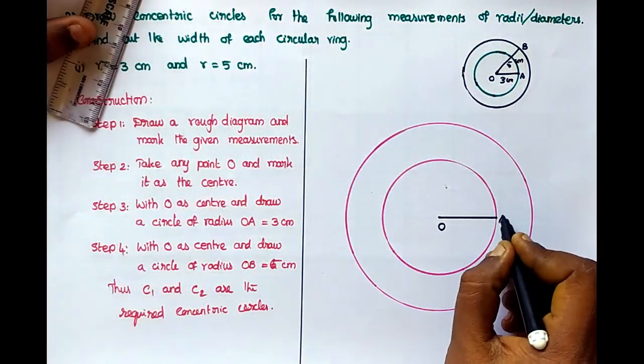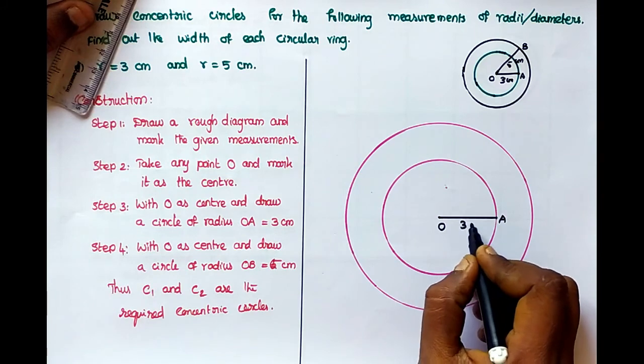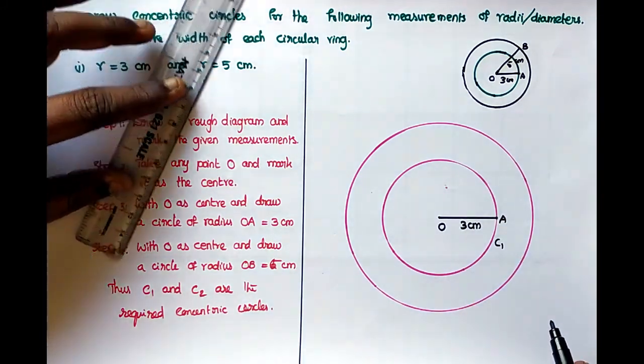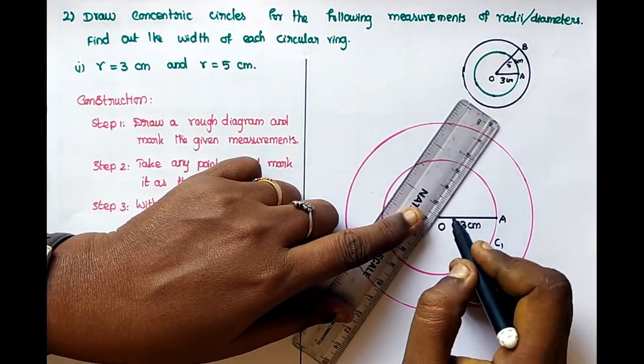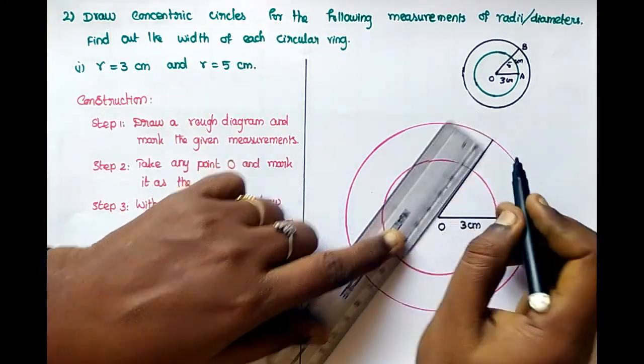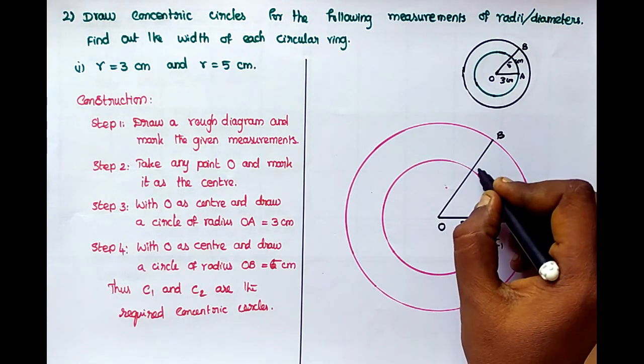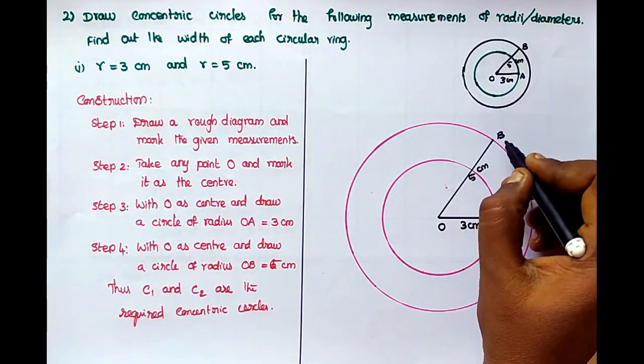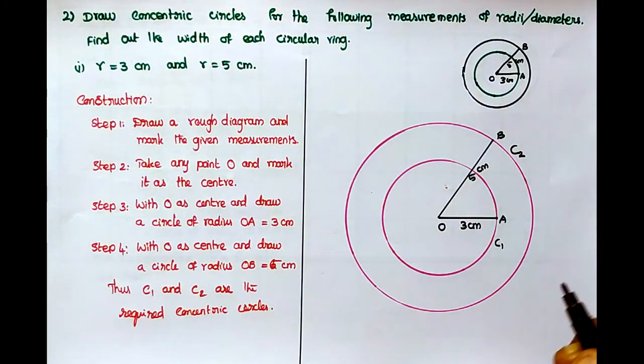OA equal to 3 centimeter, that is circle 1, and OB, that is 5 centimeter, that is circle 2. Now we get the circular ring. Width we have to find out.